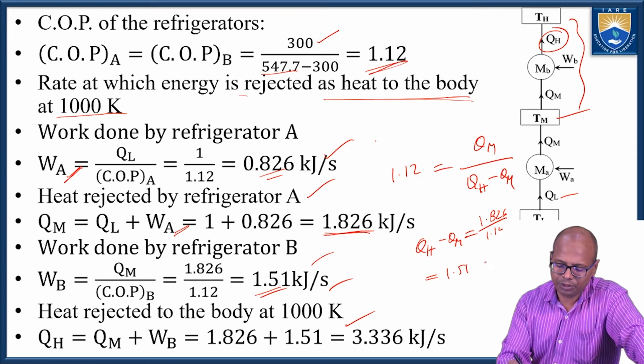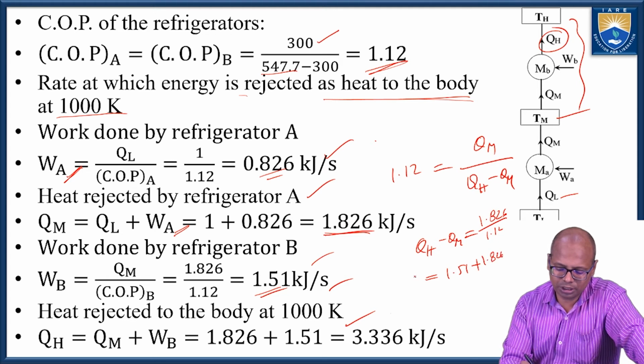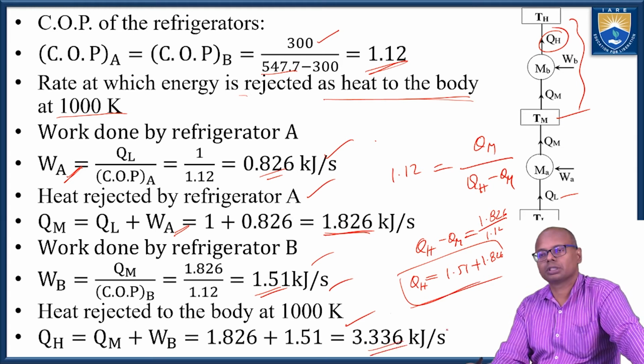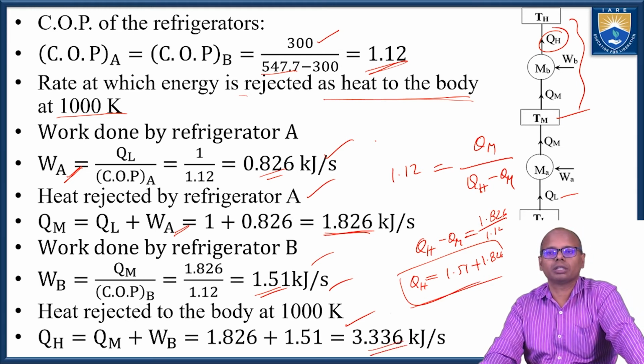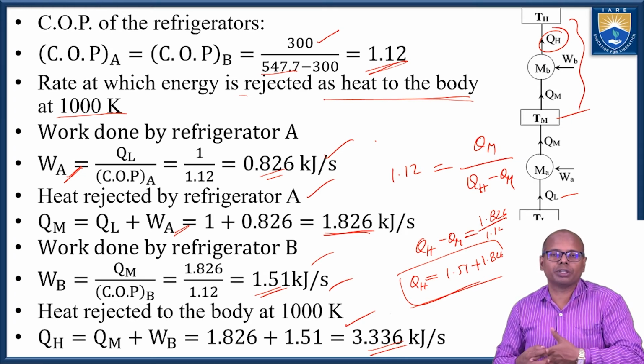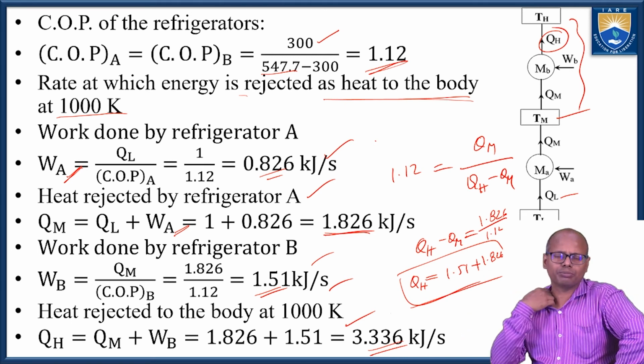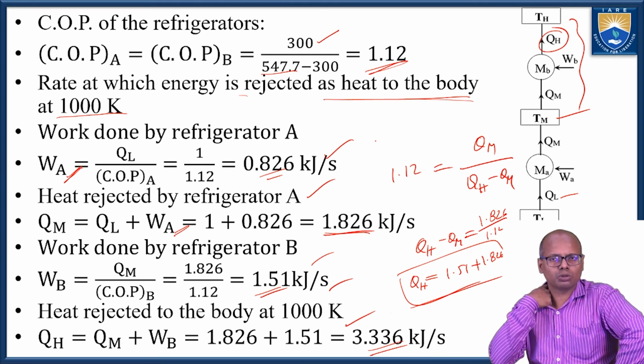This answer plus QM, which is 1.826, is equal to QH. So QH is equal to 3.336 kilojoule per second. So this is the way I have to solve problems based on the Carnot cycle. We'll just see one simple problem and we'll close the session today.